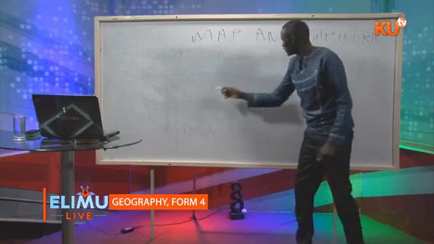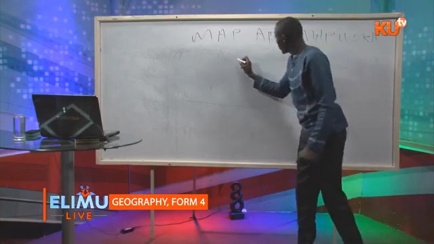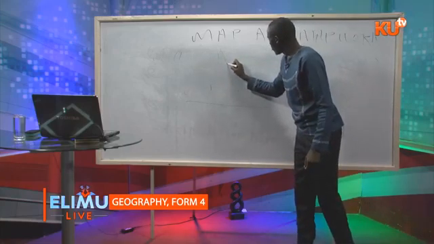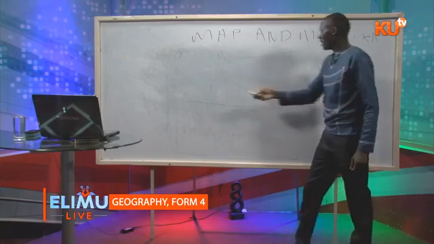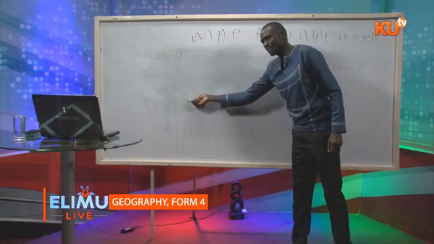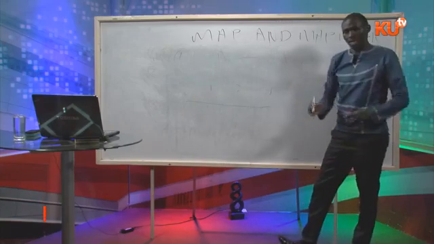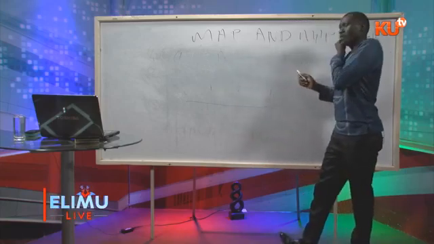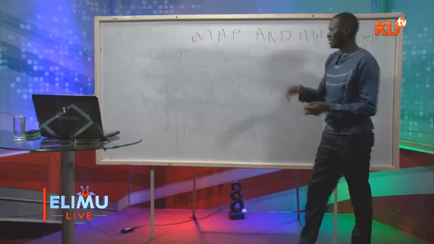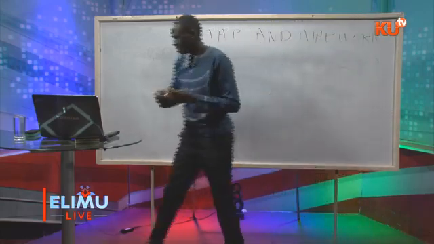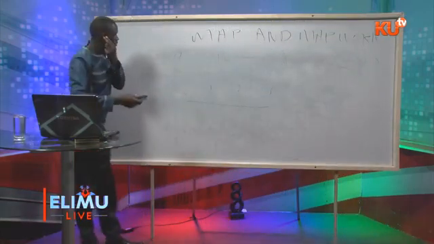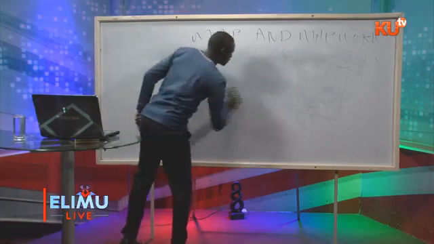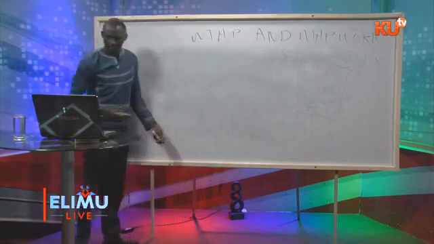We use this to measure from point A to B, and then we use the linear scale to convert it to know the actual distance from point A to B. So another use of scales is to help us understand the distance between one point and another.